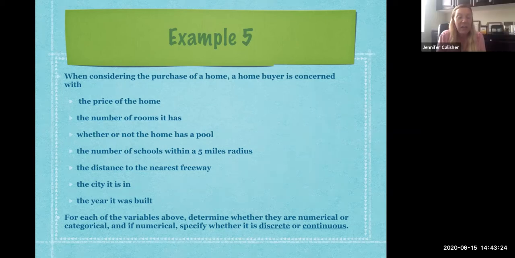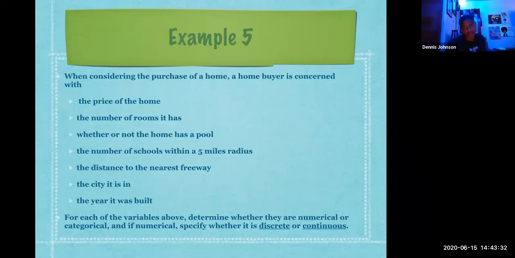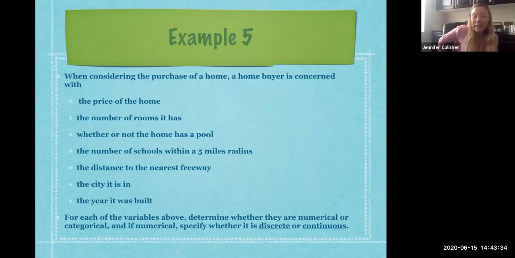Okay. So if I said, for example, I'm 5 miles from a freeway, am I exactly 5 miles from a freeway? I could be, but most likely I could be 5 miles and 100 feet, right? Or 5.25 miles. Again, it depends on how accurate we want to be with that.